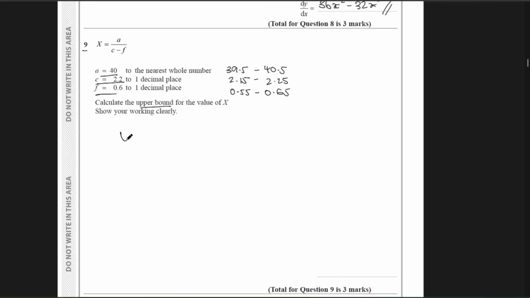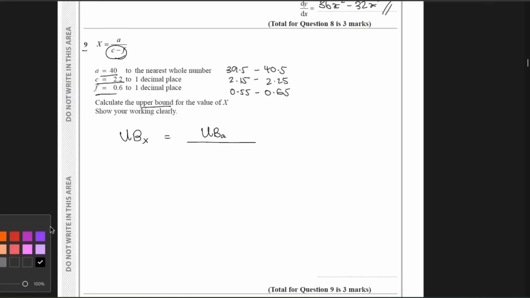So we can say the upper bound for x is equal to the upper bound for a divided by, okay, now this one is a bit tricky, c minus f. We want the difference between c and f to be as small as possible, so that the denominator would be as small as possible.